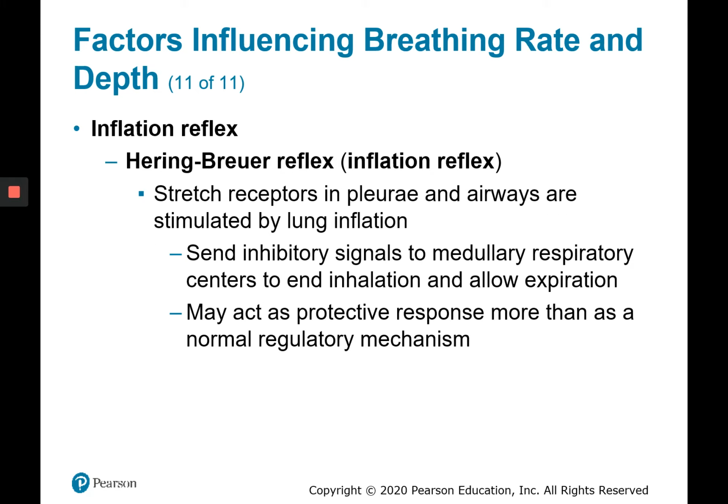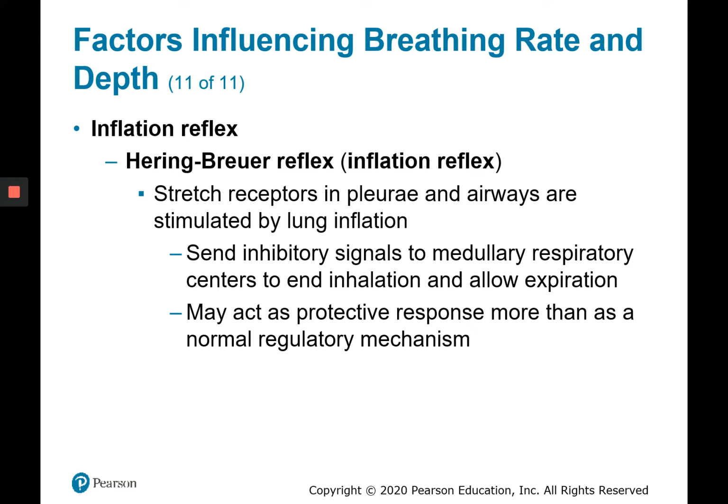The inflation reflex is also known as the Hering-Breuer reflex, or very simply the inflation reflex is a lot easier, but the Hering-Breuer reflex is just stretch receptors that we find in the pleurae and some of the airways, and they're going to be stimulated when the lungs inflate. So when the lungs inflate, that information is sent to the medullary respiratory centers, and that lets the medullary respiratory centers know that inspiration did occur when the inspiratory muscles contracted.